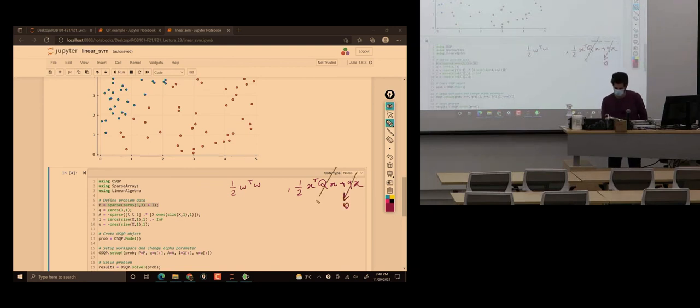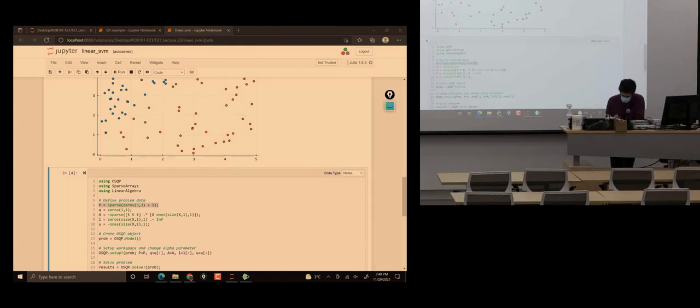I don't have it, and P is the identity matrix in my problem here. So these two are easy. The hard part is the constraint. The constraint is basically here.